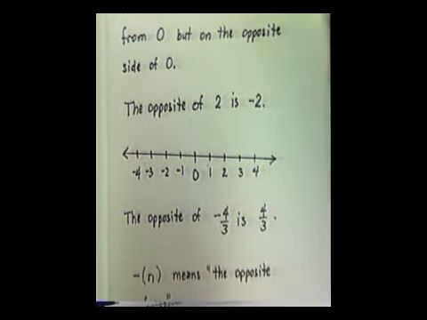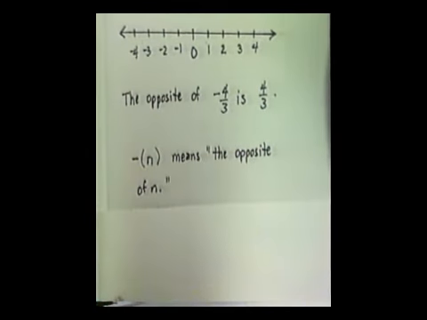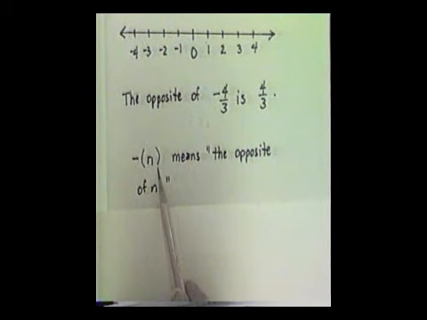The symbol for opposite is a minus sign. The minus sign before the n expression, the number, means the opposite of n. I have written parentheses around the n. They are optional, but they're helpful to let you see what the symbolism is.